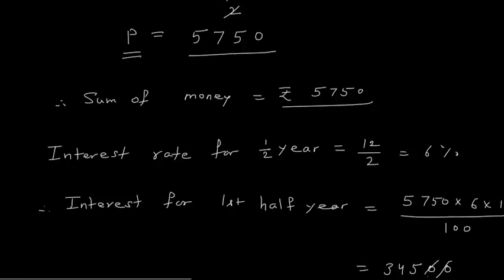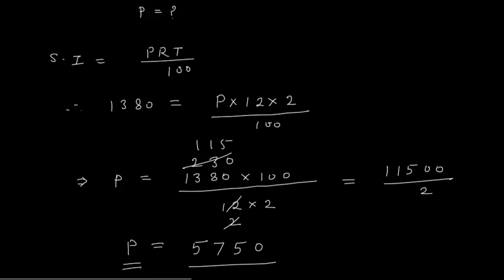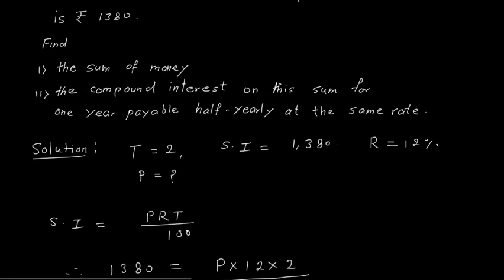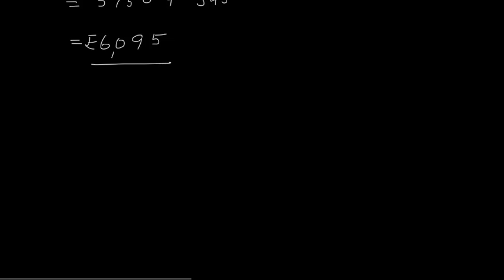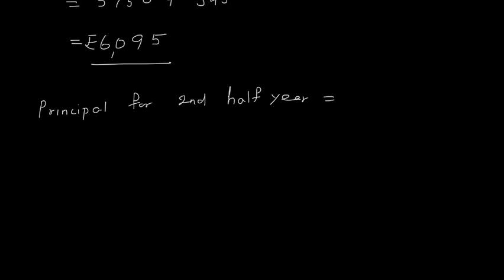Next, what we have to find? For 1 year we have to find the compound interest on the sum, payable half yearly. So this is the principal for second half year, which is 6095.